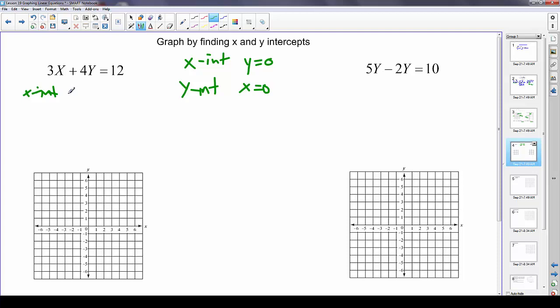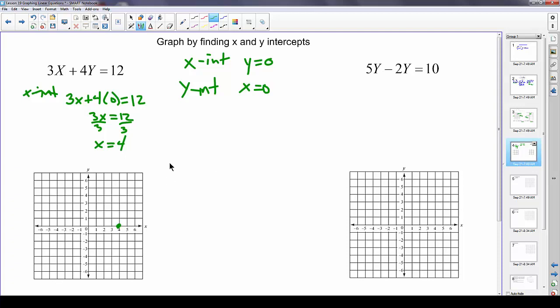So I have 3x plus 4 times 0 equals 12. This gives me 3x equals 12. Divide both sides by 3. X equals 4. So 4, 0, I have an x-intercept.